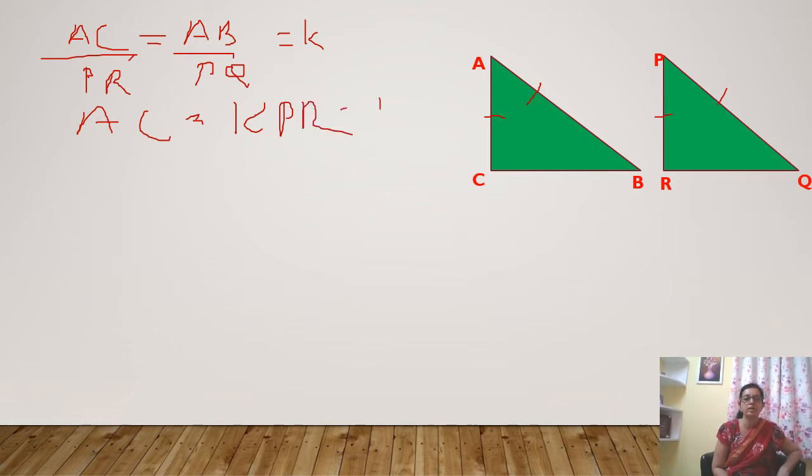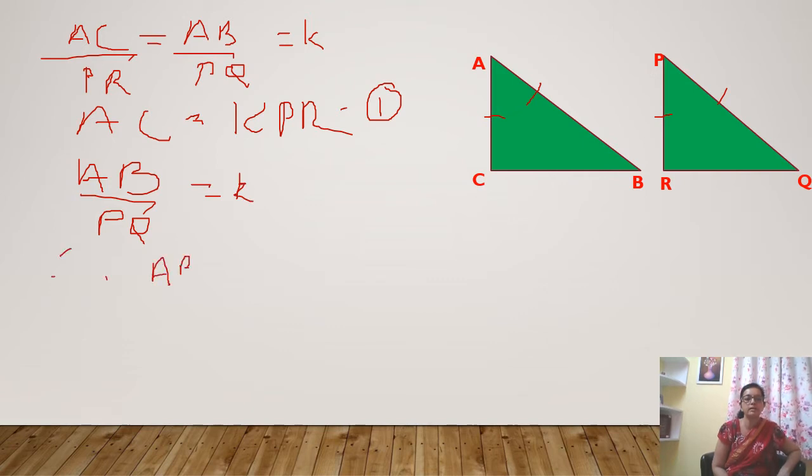This is the first one. And let us talk of the second one. AB upon PQ is equal to K. Therefore, AB is equal to KPQ.